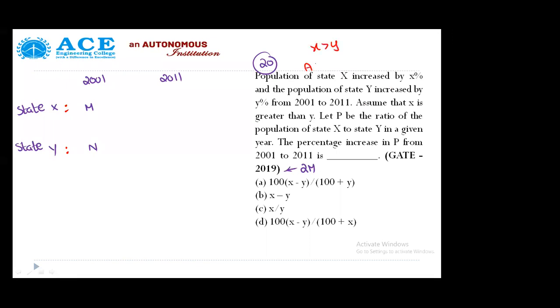You assume any value for x and y, making sure small x is greater than y. I assume x equal to 10% and y equal to 5%.